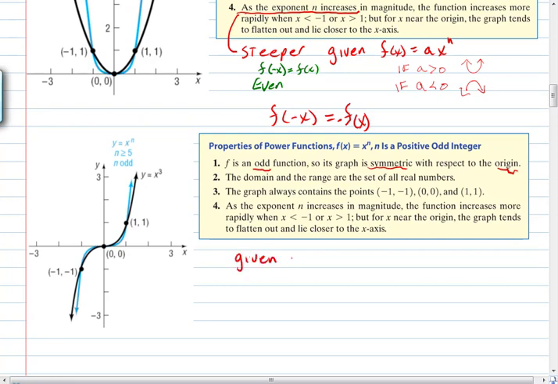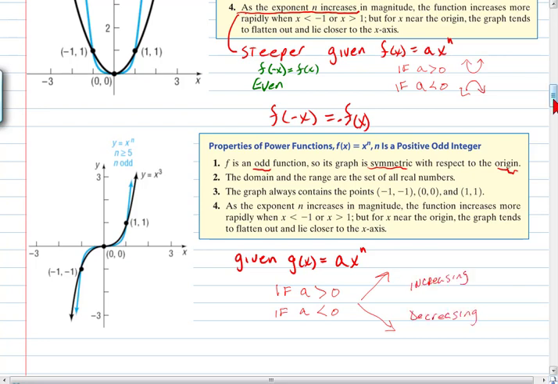If we're given g of x equals a x to the n, where n is odd, if a is greater than 0, this is going to be an increasing function. If a is less than 0, the shape will be a decreasing function. Increasing means going up as you move from left to right. Decreasing means going down as you move from left to right.